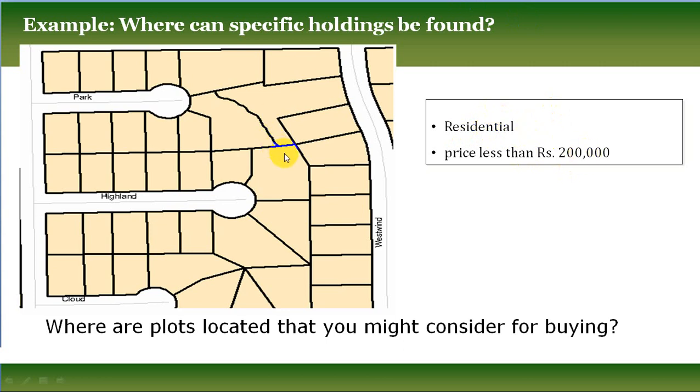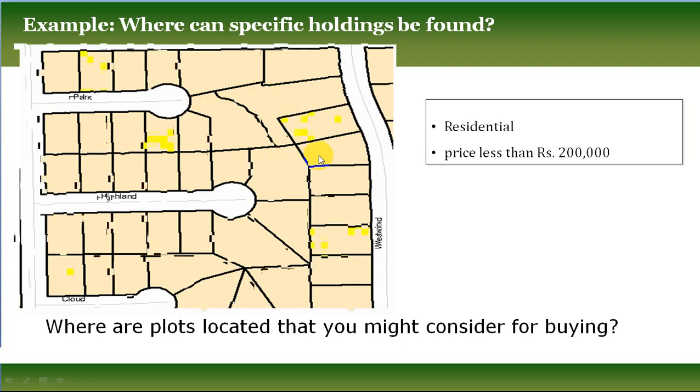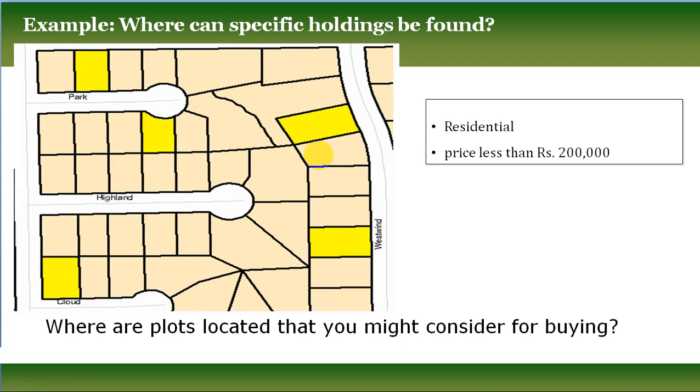So we have a geographical data holding map, and the GIS software will show you that among all the holdings, 5 holdings are there which satisfy your two conditions. So where can specific holdings be found? Where can specific geographical features be found? That the GIS software can find out.